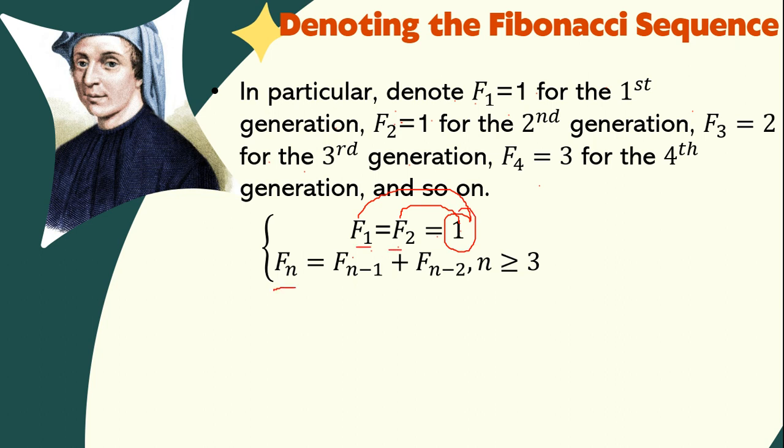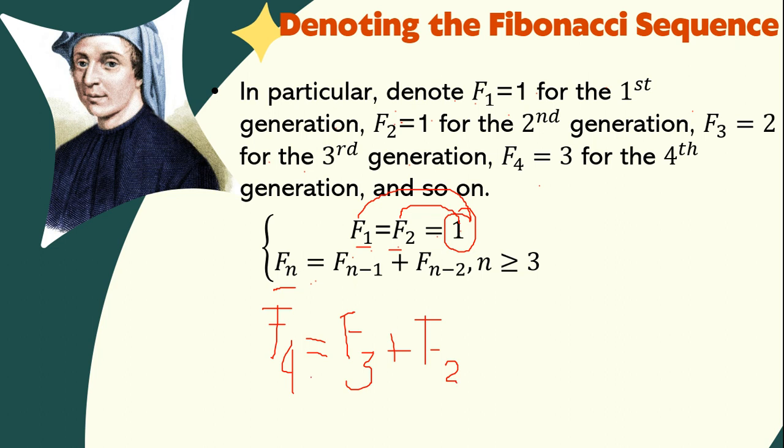And to get a particular generation, we add the preceding numbers, the two numbers before the generation. For example, for f sub 4, the generations before f sub 4 are f sub 3 plus f sub 2.